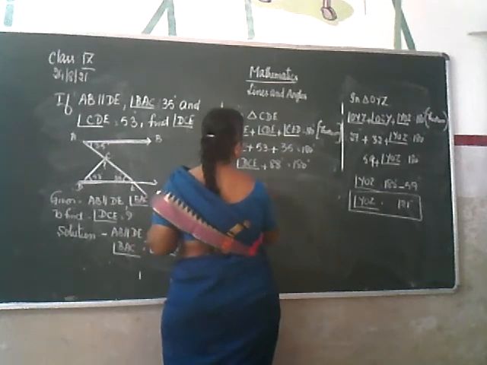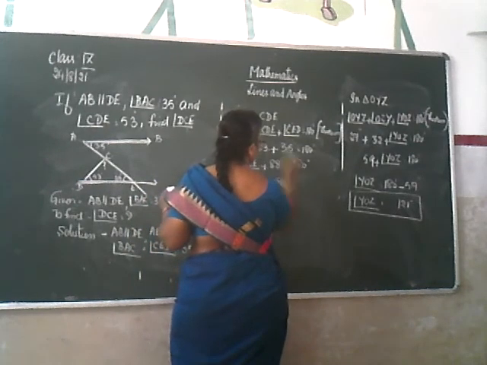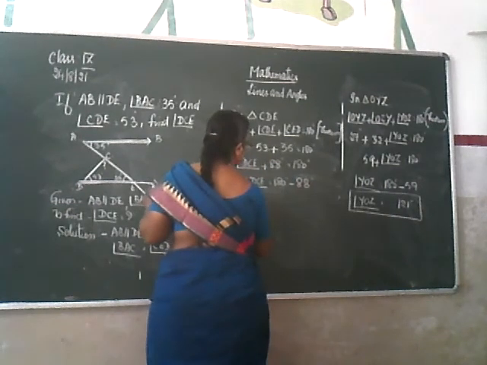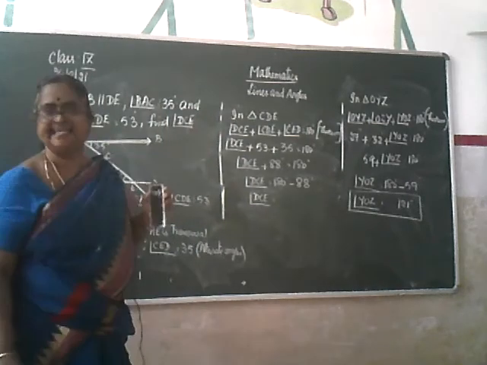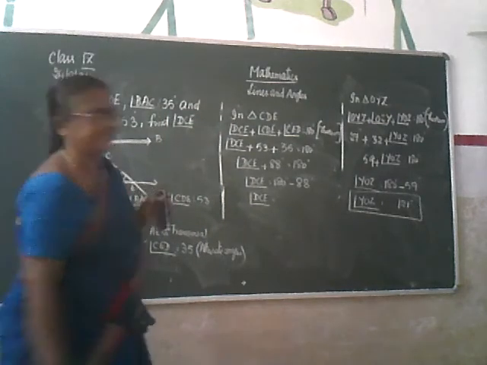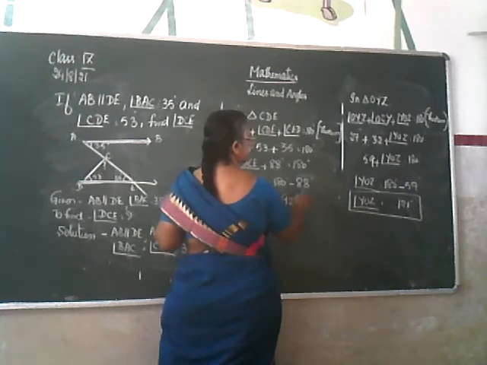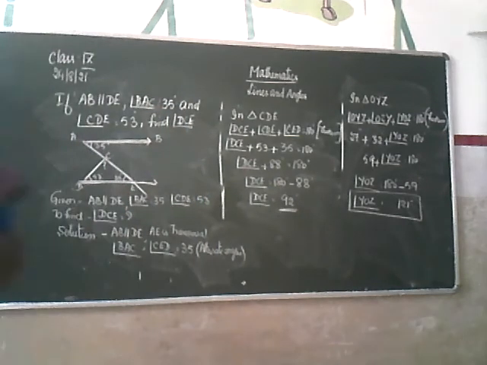So DCE is equal to 180, transpose this, minus 88. So DCE is equal to 100 minus 80 is 9. 2 plus 8 is 10. 1, 9 plus 9 is 8. So DCE is 92. Okay.